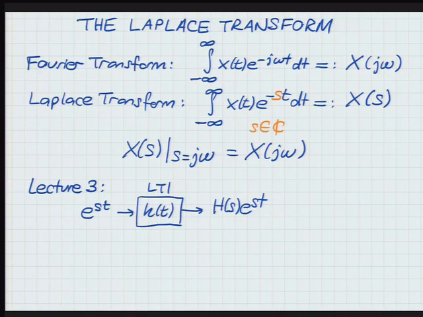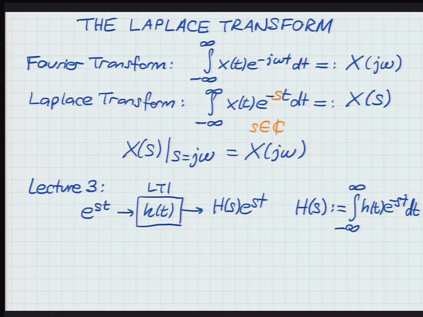Okay? All right, so, and we said there that H of s is defined as follows. Take h of t, multiply with e to the negative st, integrate over t. So that really was the Laplace transform of the impulse response. Okay? So now we connect things.